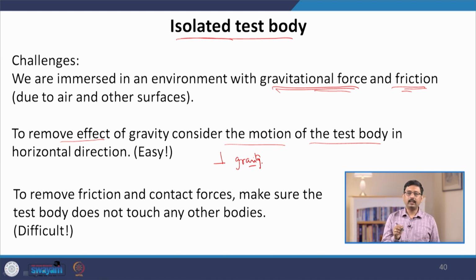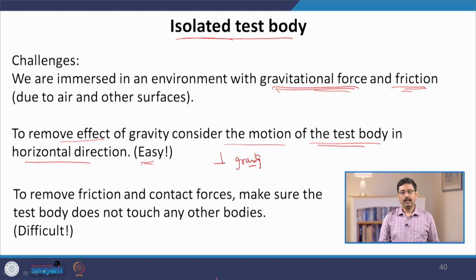So, if you consider a direction perpendicular to the vertical, that is the horizontal direction, then gravity has no component along the horizontal direction. So, there is no force of gravity if the test body moves in a horizontal direction.